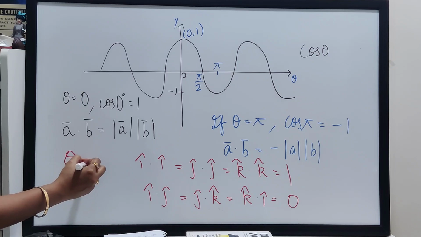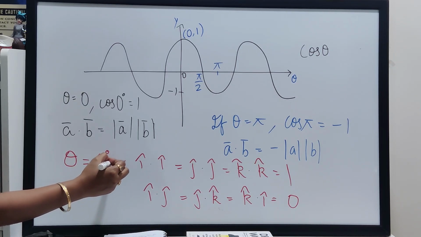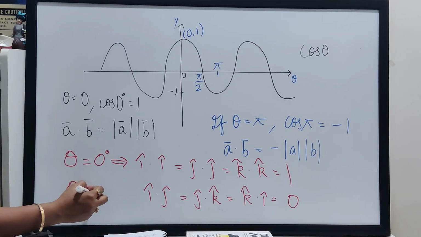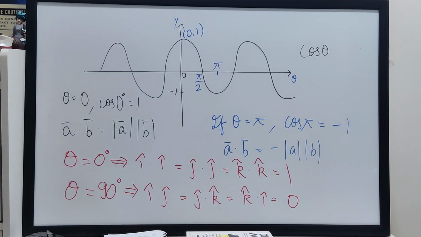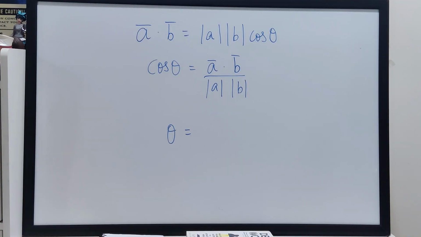So I dot J, J dot K and K dot I will be 0 because cos 90 is 0. Now A dot B is equal to magnitude of A into magnitude of B cos theta. So cos theta will be A dot B divided by magnitude of A into magnitude of B. So theta will be cos inverse of A dot B by AB.